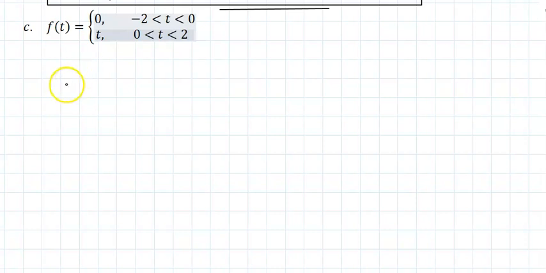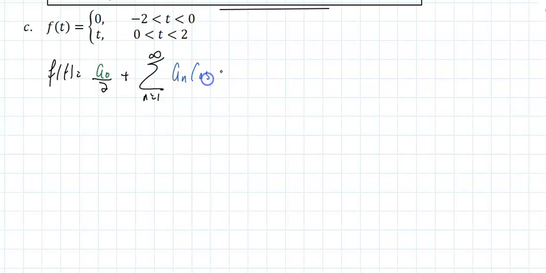I'm looking for a sub 0, I'm going to divide it by 2, plus the series n equal 1 to infinity of a sub n, the cosine of n pi over p t, plus b sub n, the sine of n pi over p t.